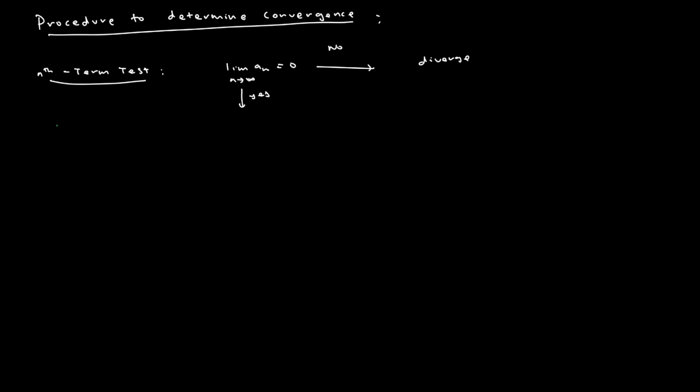And we can use common converging series, such as a geometric series that we know is convergent. So is it a geometric series? If yes, then it converges, and we know the value.